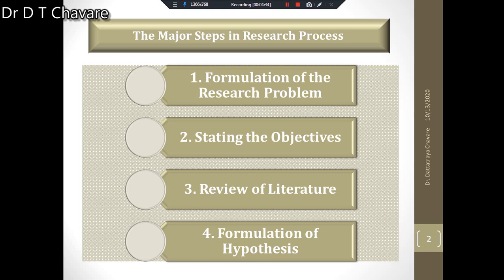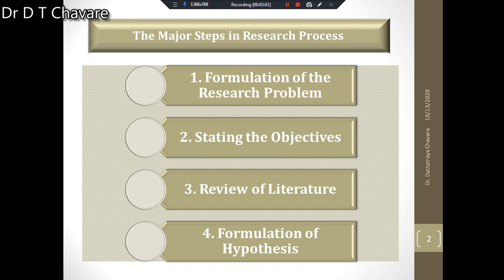For formulating the research problem, the researcher may adopt the following ways. First is a careful study of relevant literature, of conceptual clarity and review of empirical studies made earlier in the same area.